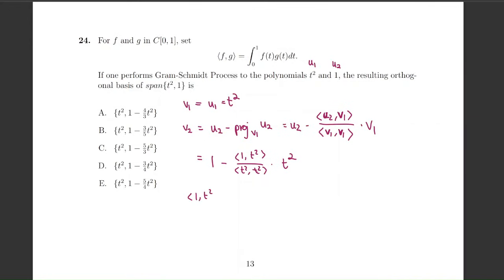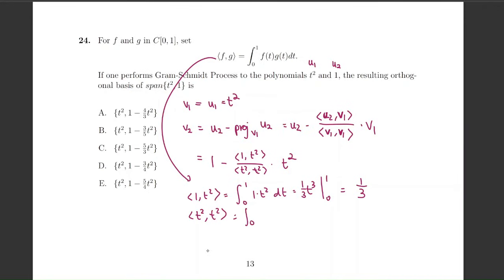So the inner product of 1 and t squared is going to be equal to the integral from 0 to 1 of 1 times t squared dt, which is just 1/3 t cubed, evaluated at 1 and 0, so that just gives us 1/3. Then the inner product of t squared with itself is the integral from 0 to 1 of t squared times t squared dt, which equals 1/5 t to the 5th, evaluated at 1 and 0, which is just 1/5.